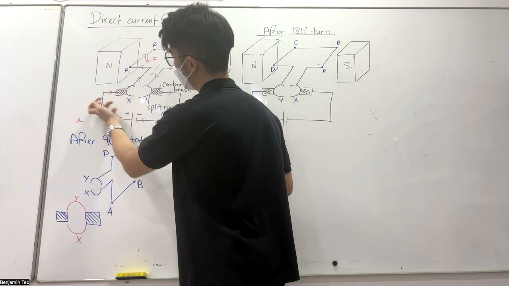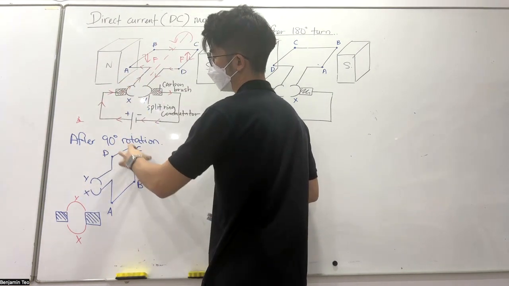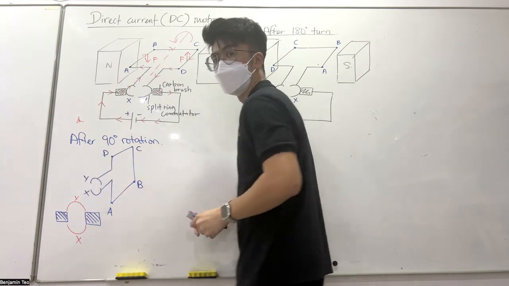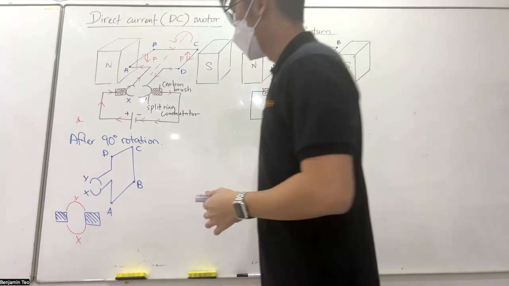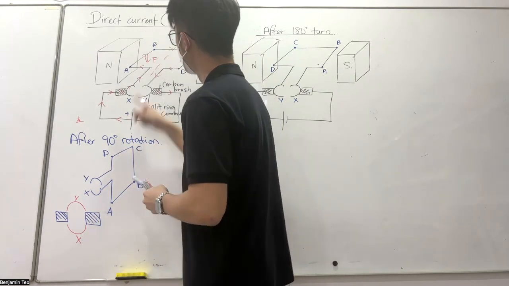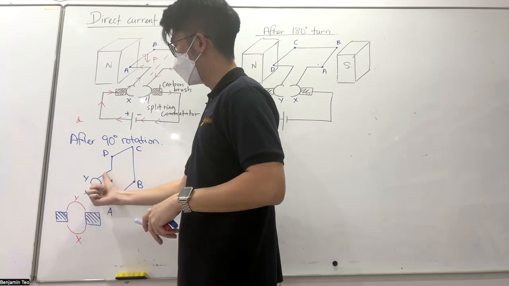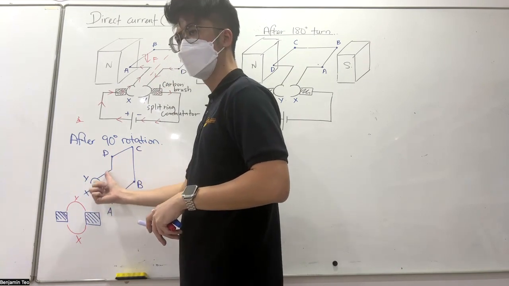So that means the current cannot go inside the split ring. There will be no current in the rectangular coil. Okay? So at this instant, is there force acting on CD? No force already because there's no current flowing inside this rectangular coil.